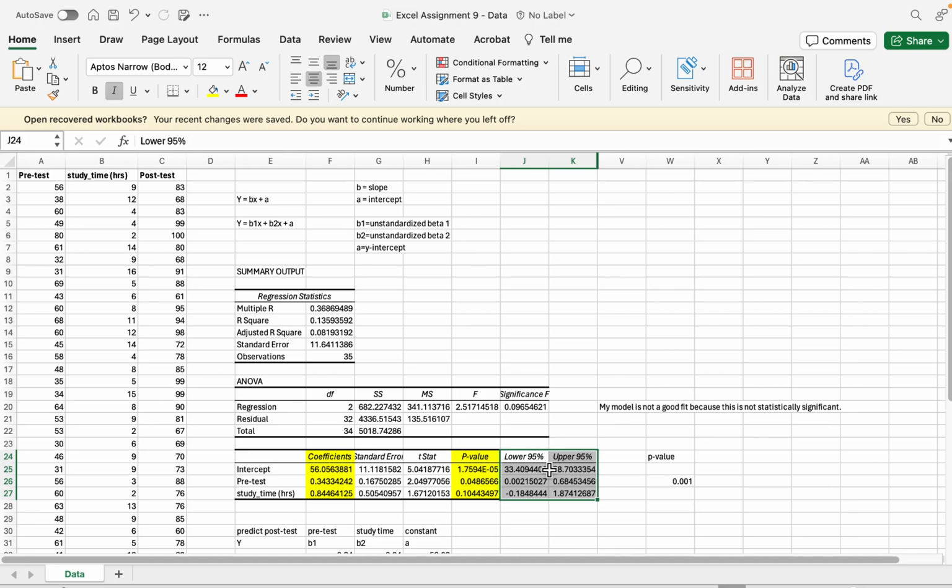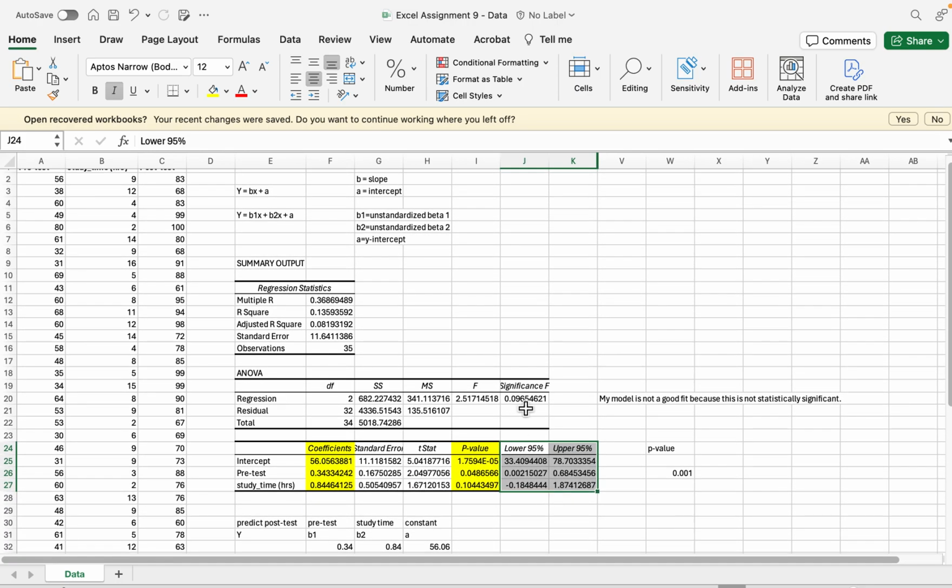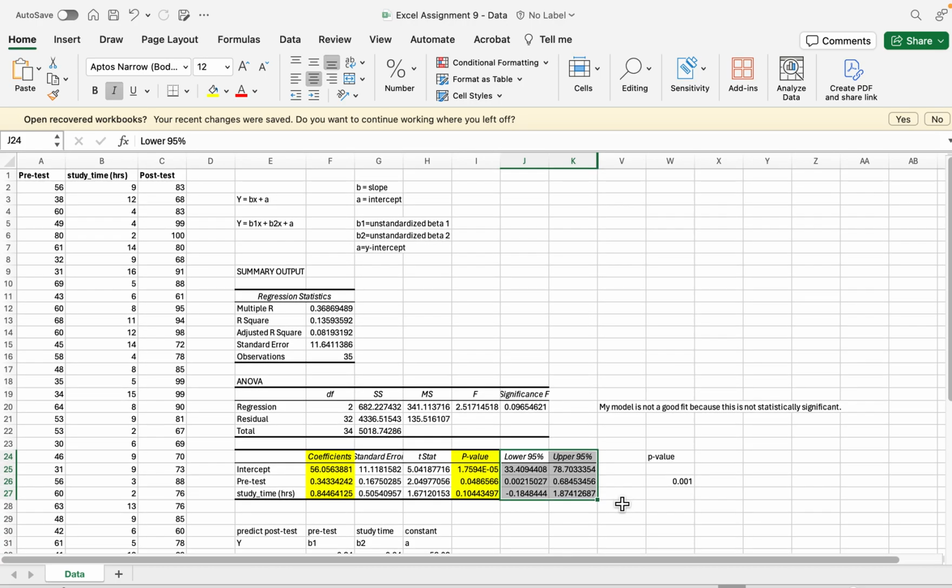Okay, so that's a pretty wide range here. And the better you get, the smaller this range is. Usually that's going to be with a much larger sample and such, but overall, this model is not statistically significant, so I wouldn't use it for any kind of predictive value.